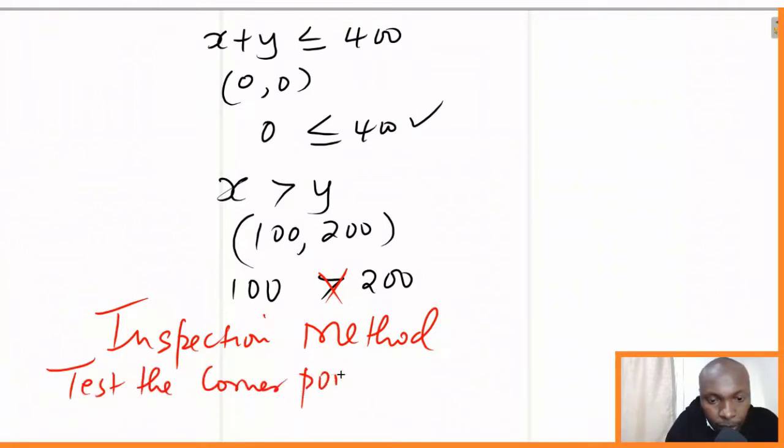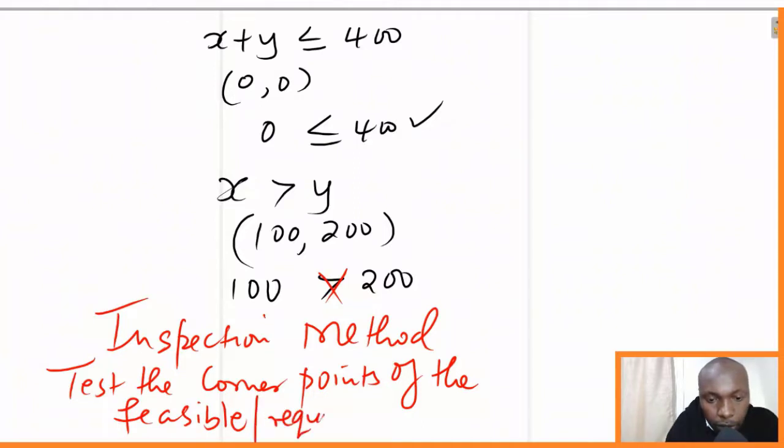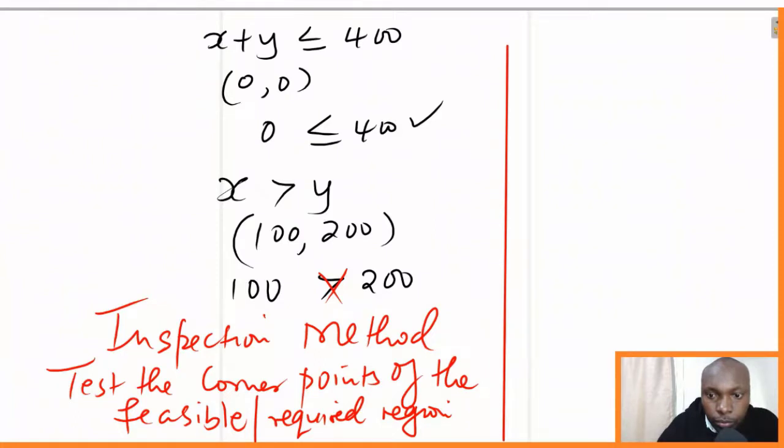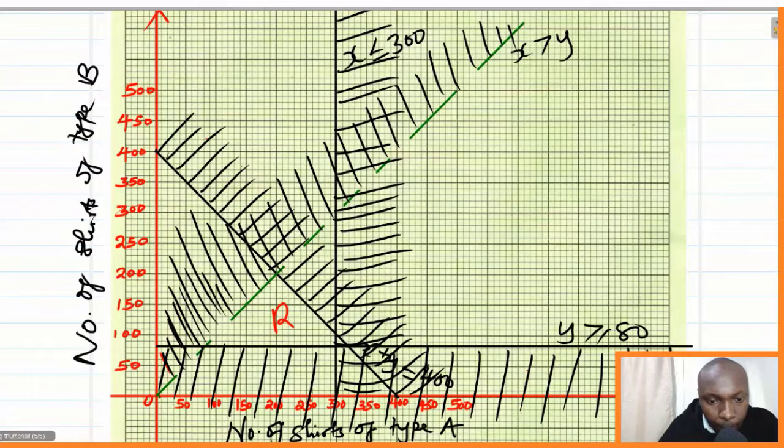The corner points of the feasible or the required region. So which are these corner points that we're talking about? The corner points are here. Just have a look at them.